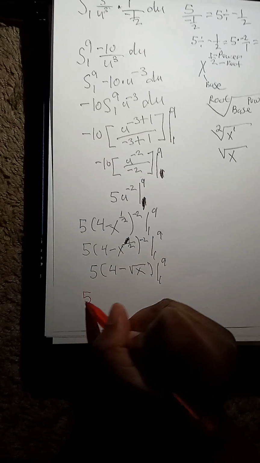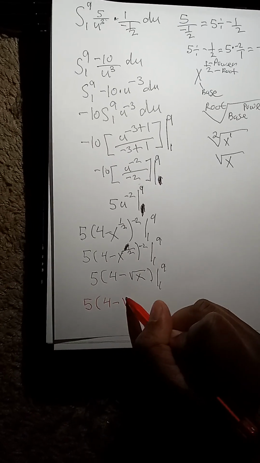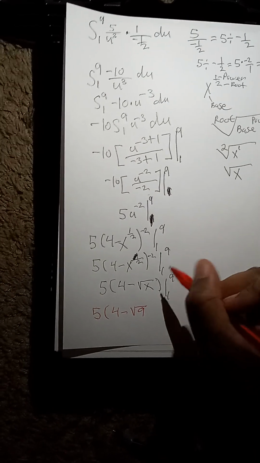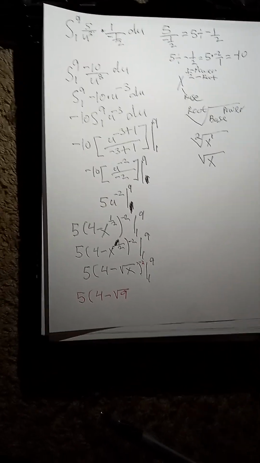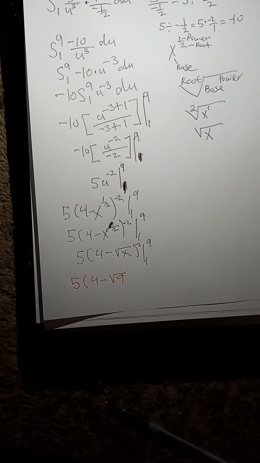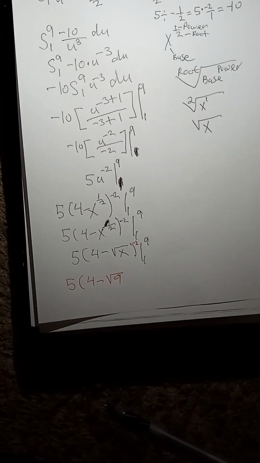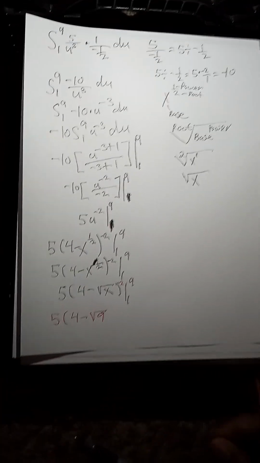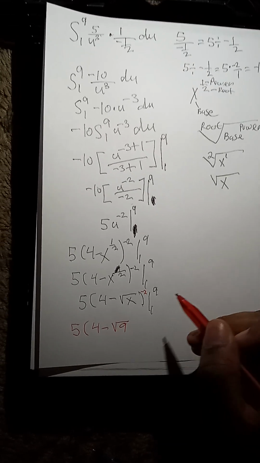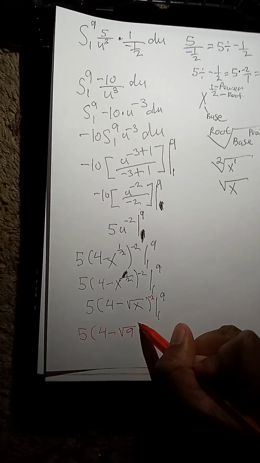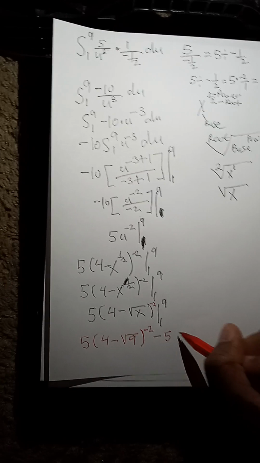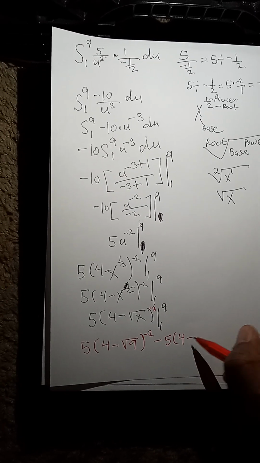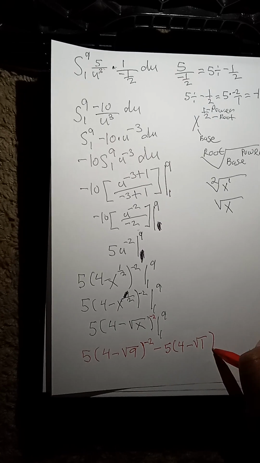So 5 times 4 minus the square root of 9, and then don't forget there's a power of negative second, minus 5 times 4 minus square root of 1 to the negative second power as well.